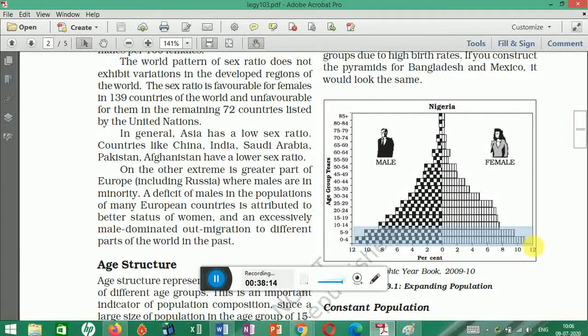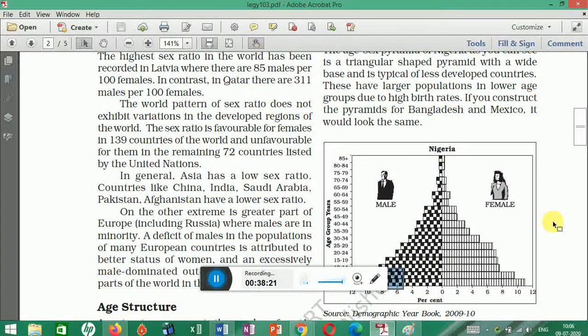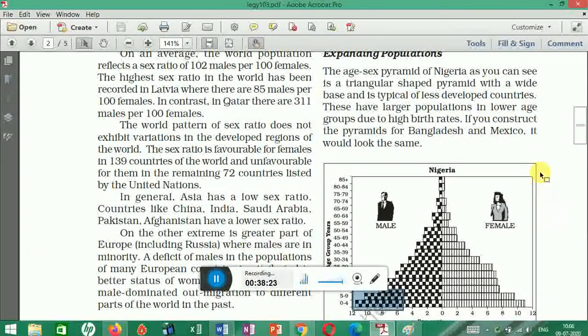A wide base indicates that the proportion of children, the proportion of people in the lower age group, is very, very high, and the proportion of old people is very, very low.